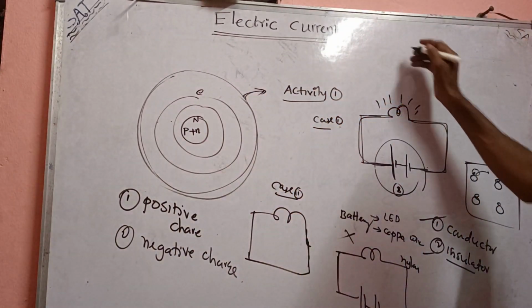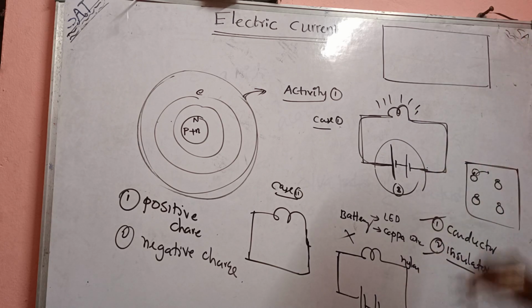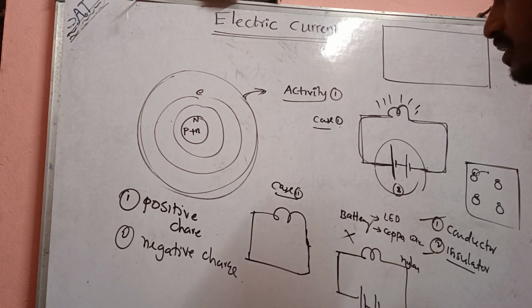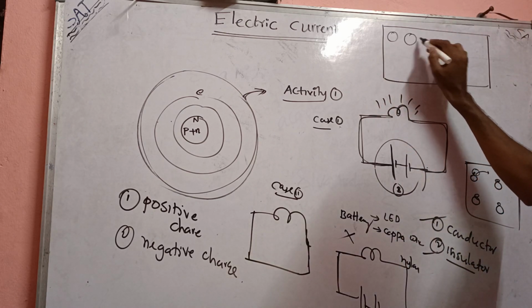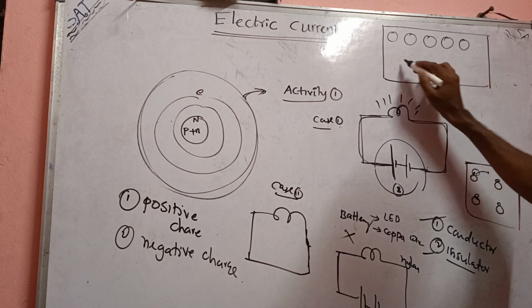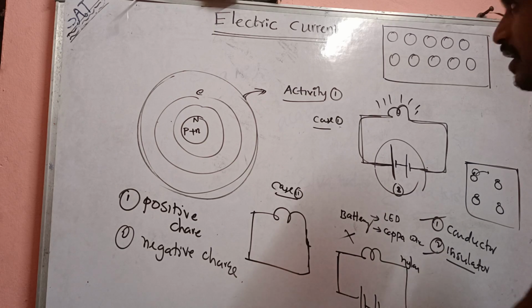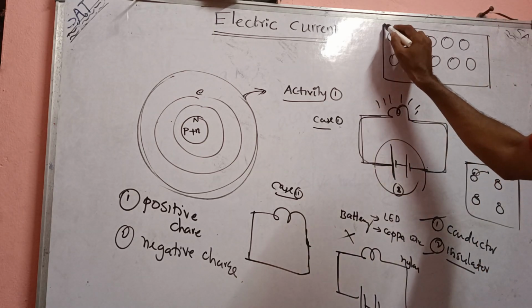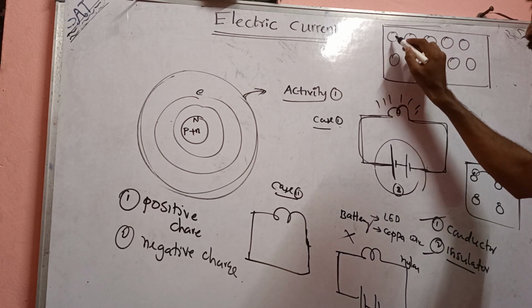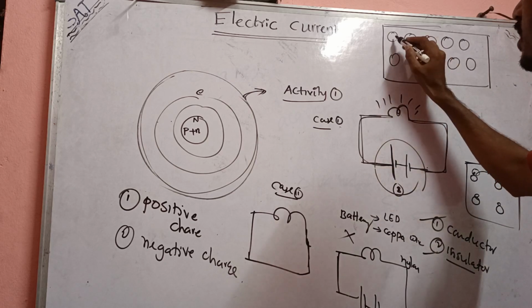For example, if you take a conductor, this is my conductor. In general, it consists of n number of atoms, so many atoms are there in the conductor. This is the atom. In the atom, the central point is called the nucleus, which has protons and neutrons.